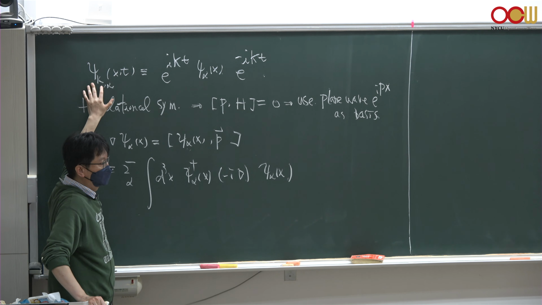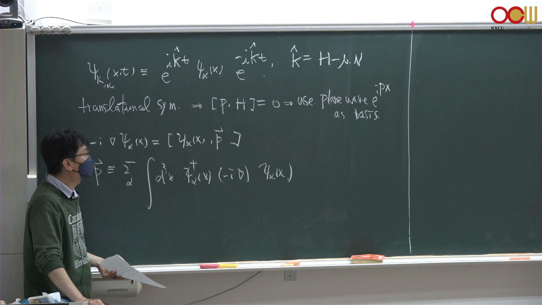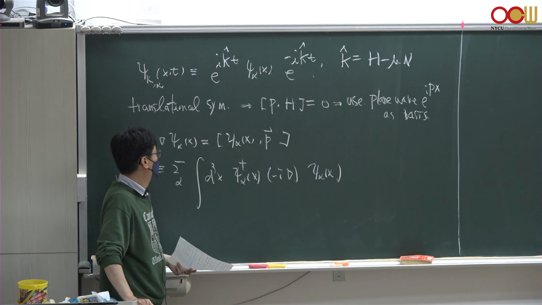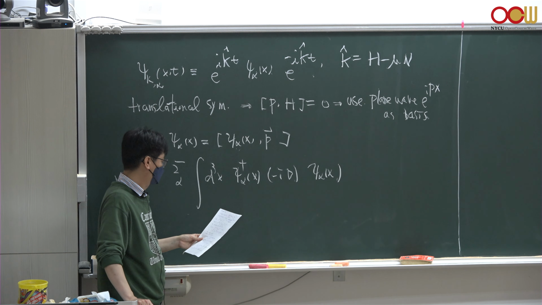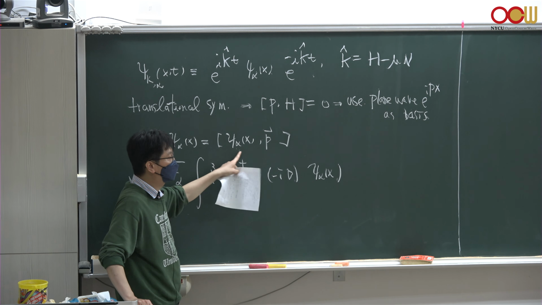Then we restrict ourselves to the translational invariant system, where the momentum operator actually commutes with the Hamiltonian. In this case, we can use the plane wave e to the ipx as the basis to express the single particle operator. You can show that the commutator between the destruction operator psi alpha x and p is minus i gradient psi alpha, whereas the momentum vector is defined following quantum mechanics.